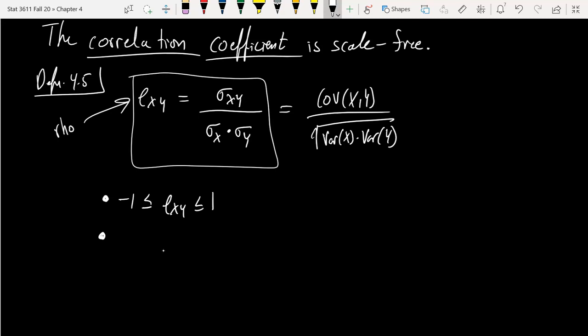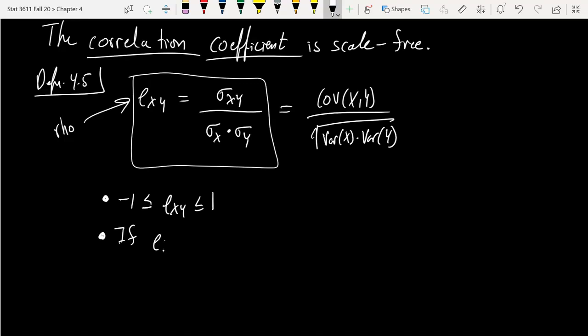Then you can start comparing different correlation coefficients, and that's an apples-to-apples comparison. You cannot compare covariances between several pairs of random variables unless the scale is the same. But you can always compare the correlation coefficient. That is a true unit-free measurement.